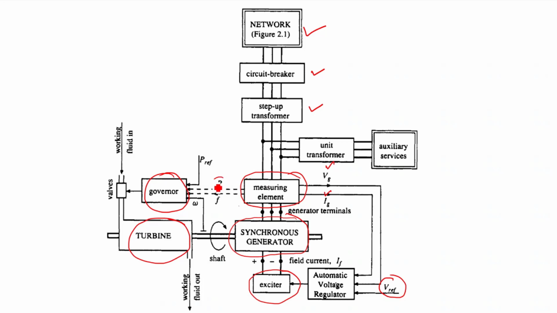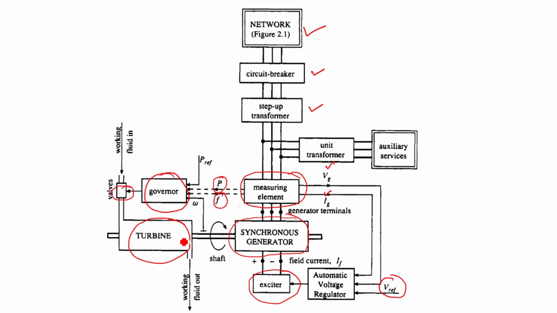Similarly, here we have power and frequency. It is measured at the terminal of the generator and fed back to the governor system, where it is compared with the P reference, and then the governor helps to adjust the valve here, which helps to control the working fluid inside the turbine. The working fluid may be water, may be steam, based on the type of the generator. If it is a steam turbine, of course the working fluid is steam.